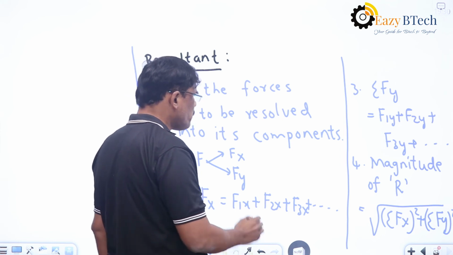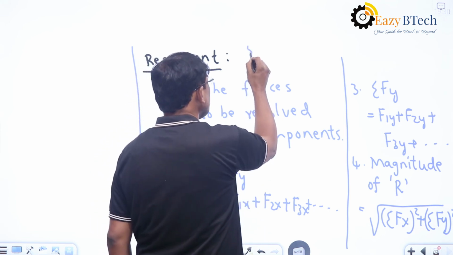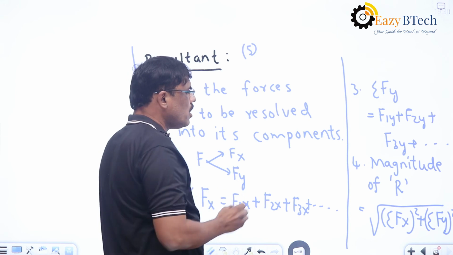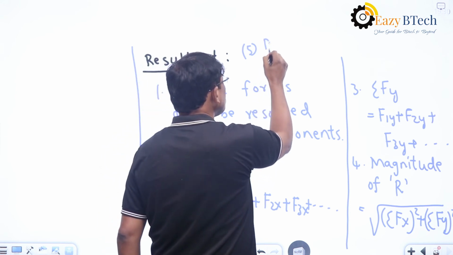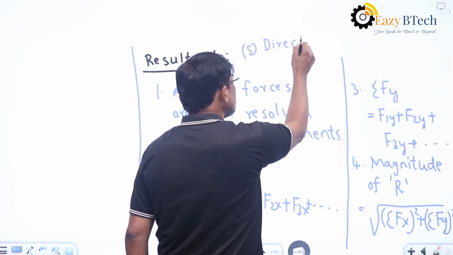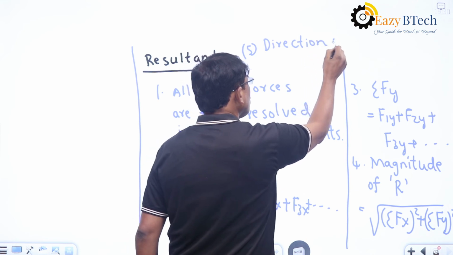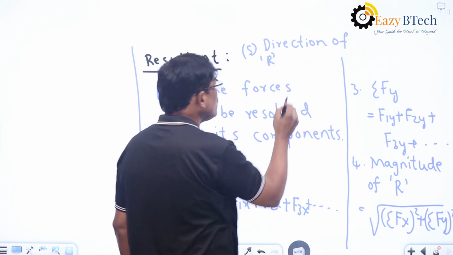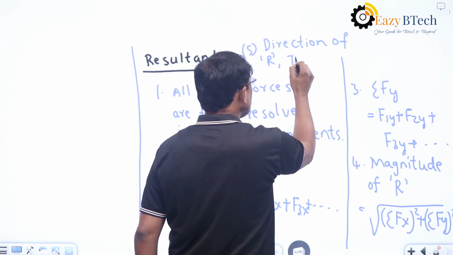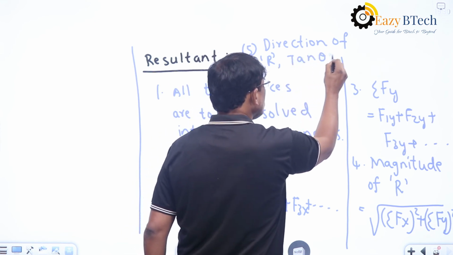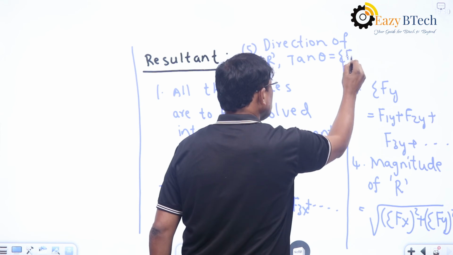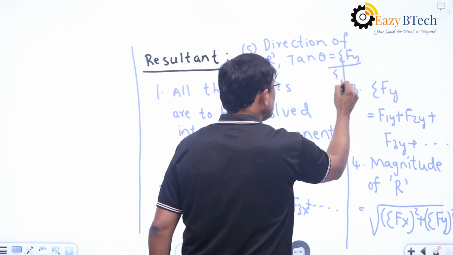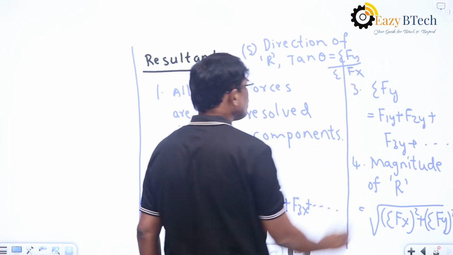And the fifth one is, you can find the direction of the resultant R. This is given by tan theta is equal to sigma Fy by sigma Fx.